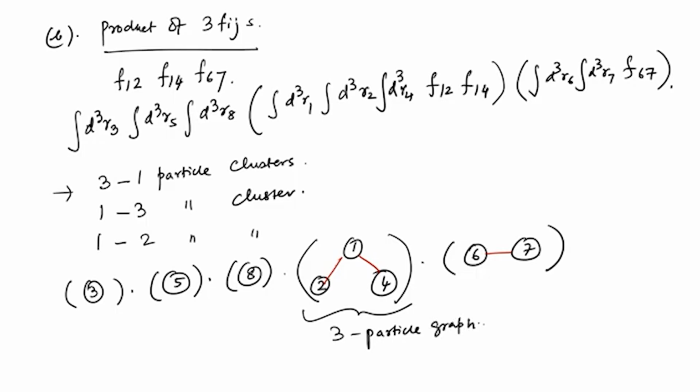So, all possible combinations are there. There could be just a 1 particle cluster, 2 particles, 3 particles, 4, 5, 6, 7 particles, all of which can be connected to some of them or all of them.